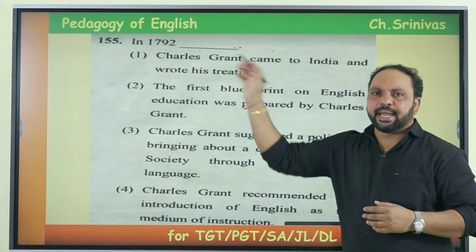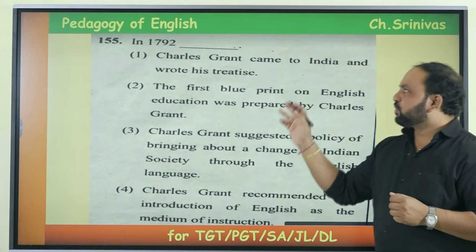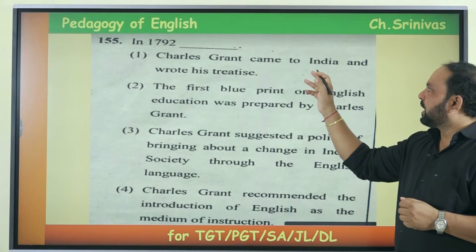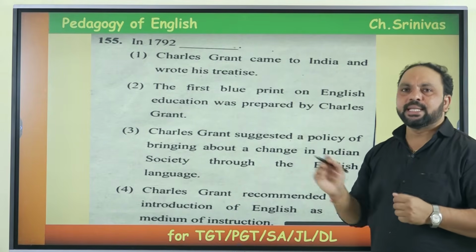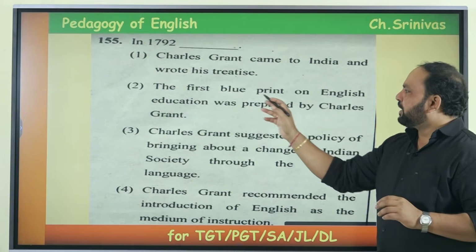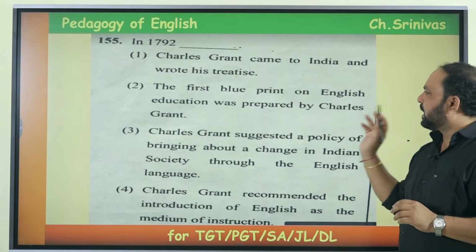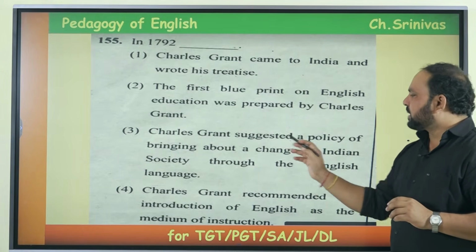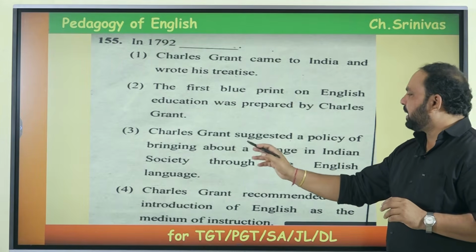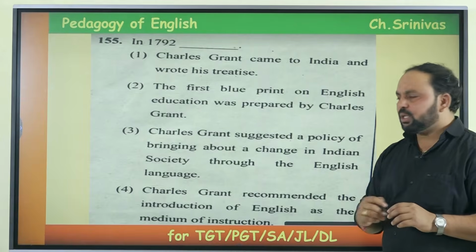In 1792, what happened? The very first one, Charles Grant came to India and wrote his treatise. Second one, the first blueprint of English education was prepared by Charles Grant. Charles Grant suggested a policy of bringing about a change in Indian society through the English language.